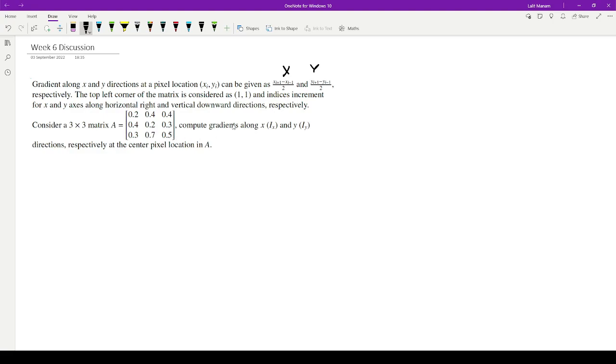So we are given a matrix and we need to compute gradients. The gradients are defined by Ix for the x direction and Iy for the y direction, at the center pixel location. How should we proceed?